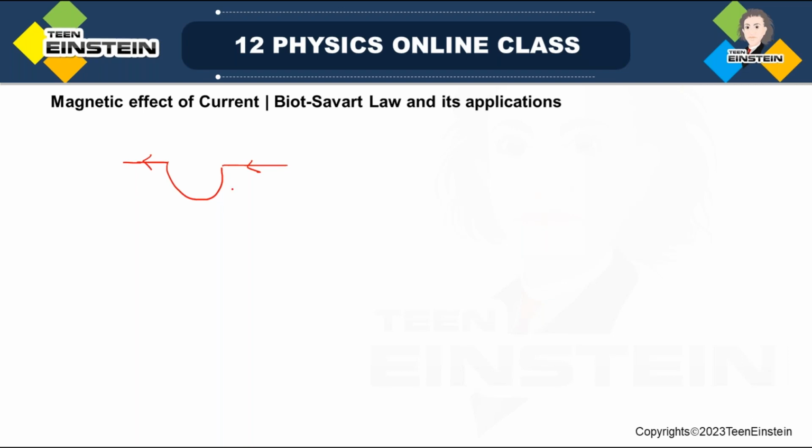So the current flowing here is 12 ampere, and the semicircle has radius small r, that is small r is equal to 2.0 centimeter.